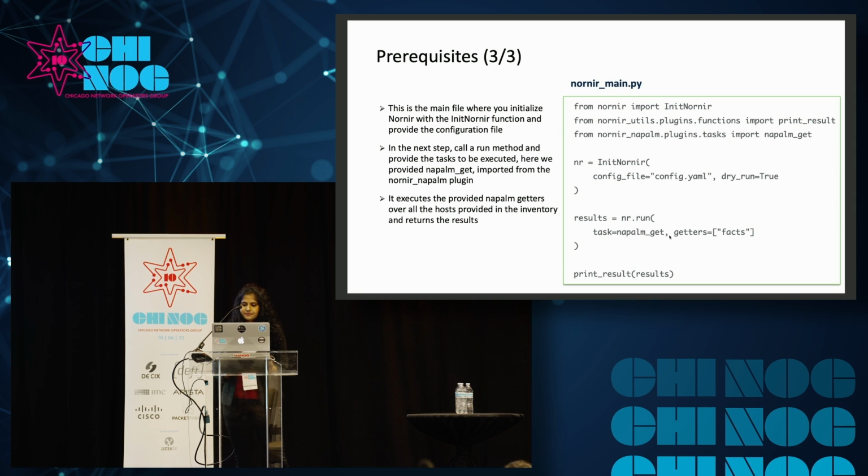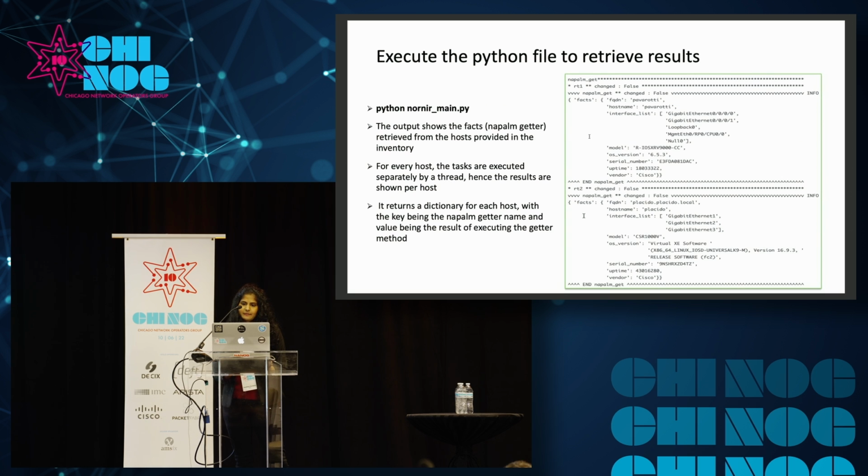So you have provided getters as facts. You can also provide more getters like facts, interfaces, interface details. And once you execute this Python file, it is going to use the configuration information, and accordingly it's going to execute on top of the provided host, and it will print the results in this way.